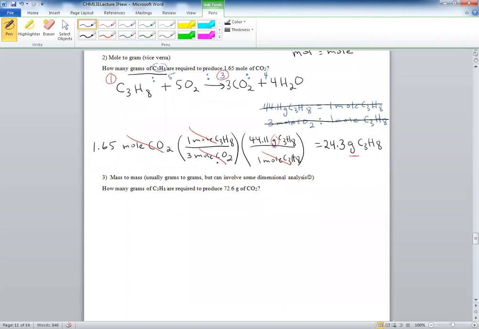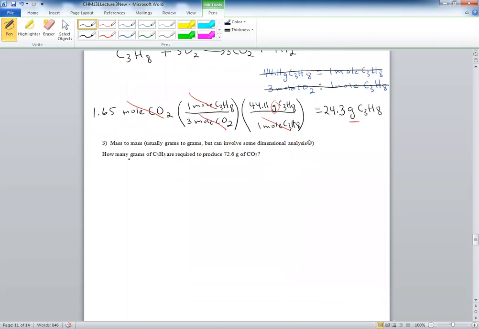Now the next problem is asking you to go from grams to grams. So right away, when I see grams, I go ahead and write the molar masses of each. So we did the molar mass of C3H8.